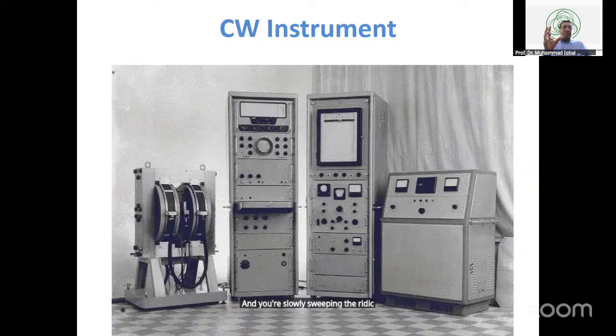It's called continuous wave, and slowly and gradually each proton was detected. So for one proton NMR spectrum, it takes about 2 or 3 hours, sometimes the whole day.